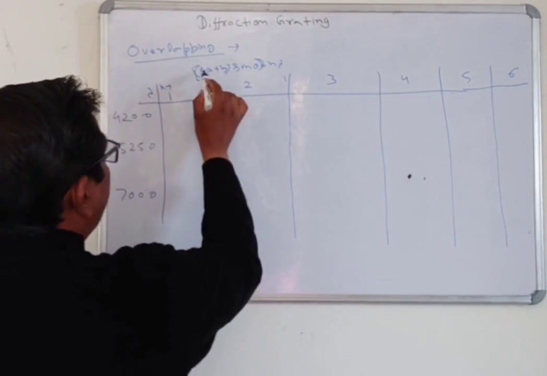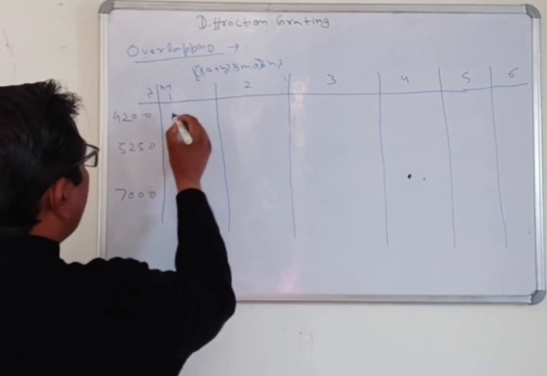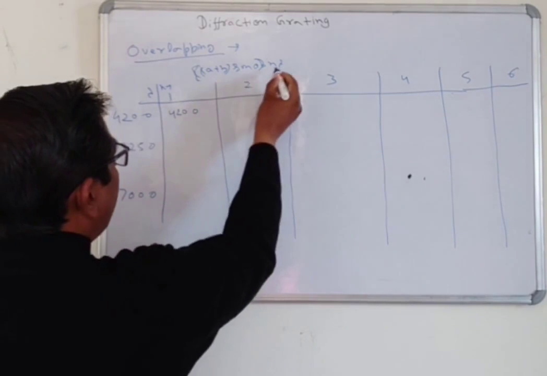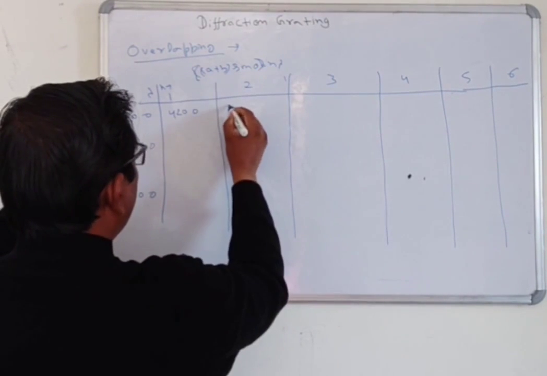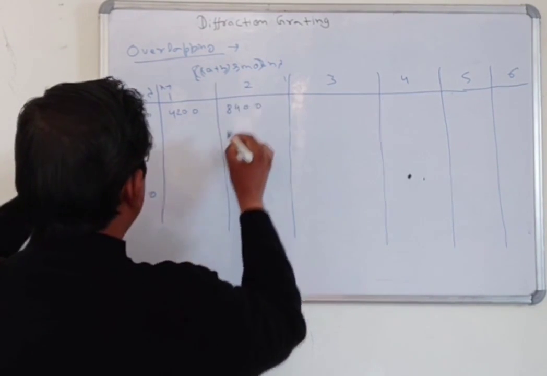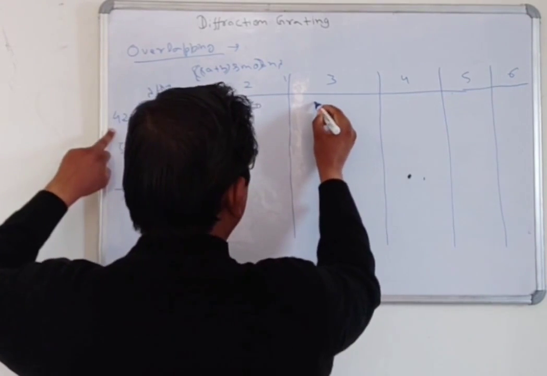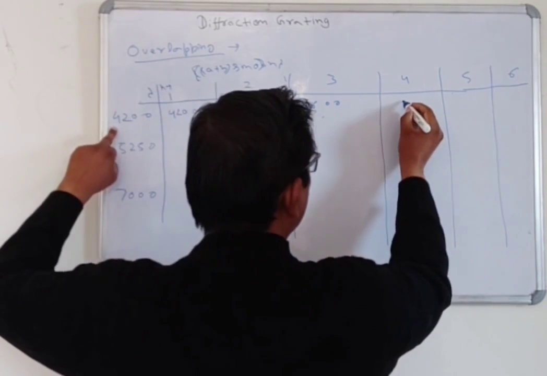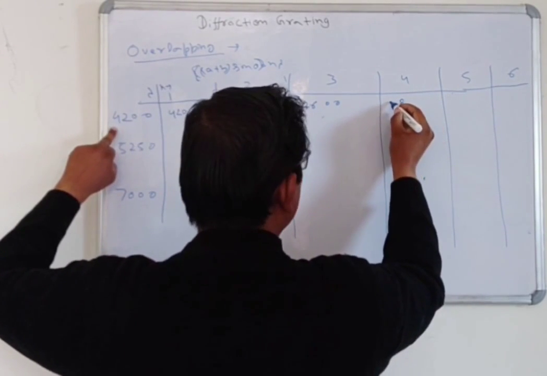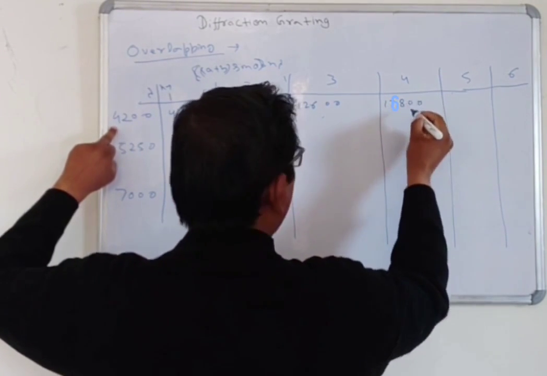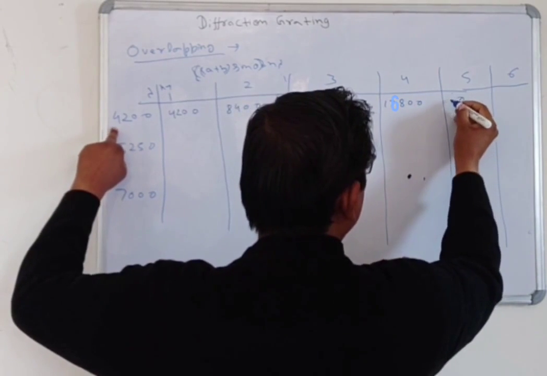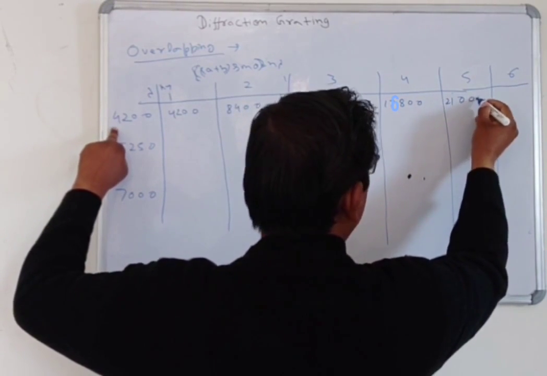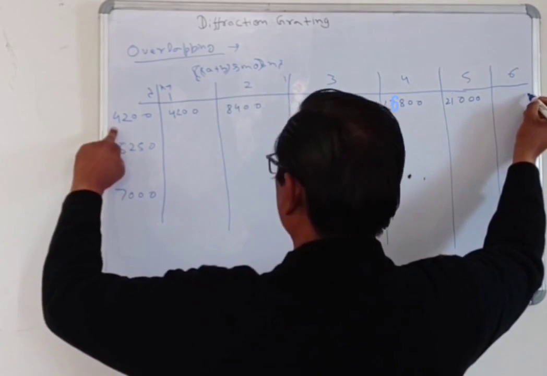For n is equal to 1, the value is 4200. For n is equal to 2, the value is 8400. For n is equal to 3, like that. n is equal to 4, like that. n is equal to 5, like that. And n is equal to 6.